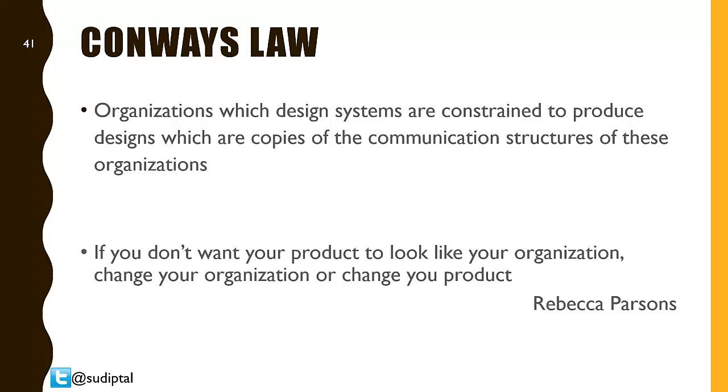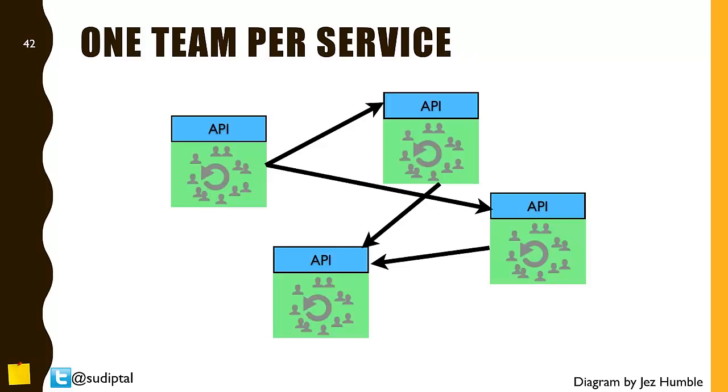And Rebecca Parsons from ThoughtWorks actually puts it very well: if you don't want your product to look like your organization, change your org or change your product. So the best way to get around this problem is to actually have APIs. Every team communicates with every other team using an API, and that's the essence of the traditional SOA-based architecture, or even the microservices architecture, which is nothing but a small extension to say that services can be independently deployable.